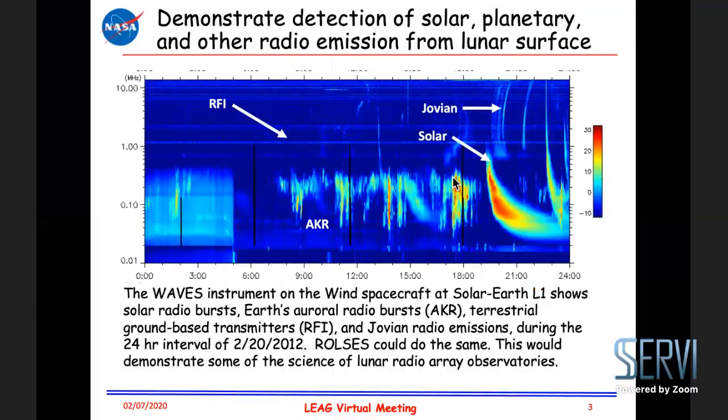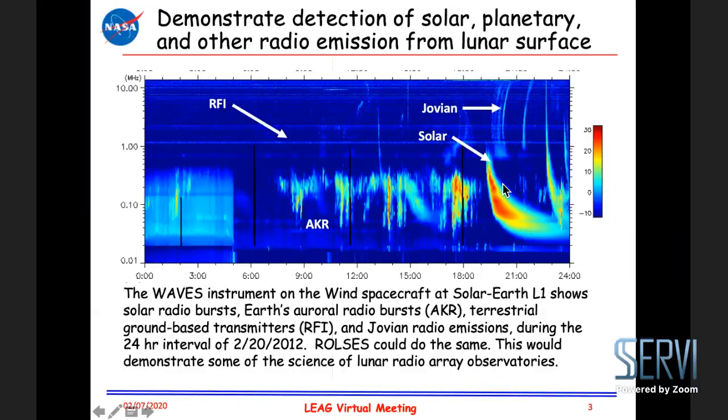A second goal we have is that we would like to demonstrate the detection of other sources of radio emissions from observatories on the lunar surface. Here is data from the WIND spacecraft, and it's in a similar frequency range. And you see terrestrial auroral kilometric radiation.